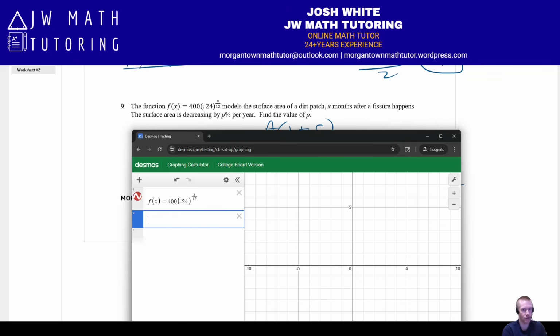I'm going from after year 1 to after year 2, how much it's decreased by. So I'm going to use percent change, the formula for which is new minus old divided by old. You might think, oh, f of 2 minus f of 1, divided by f of 1, times 100%. Well, it's not coming out to 76%.